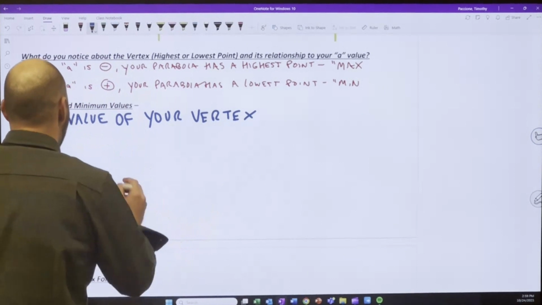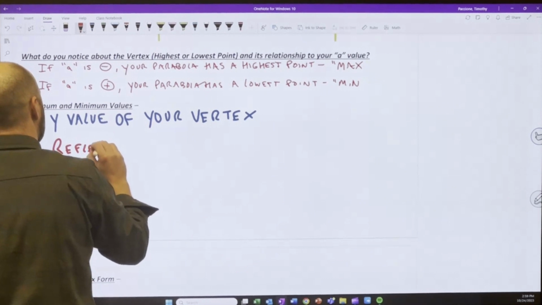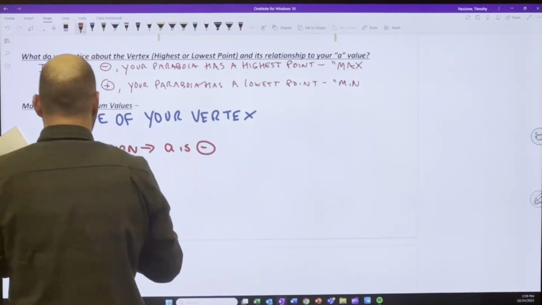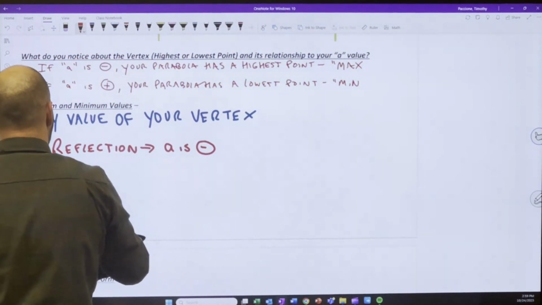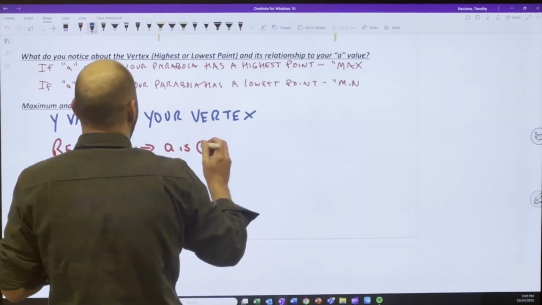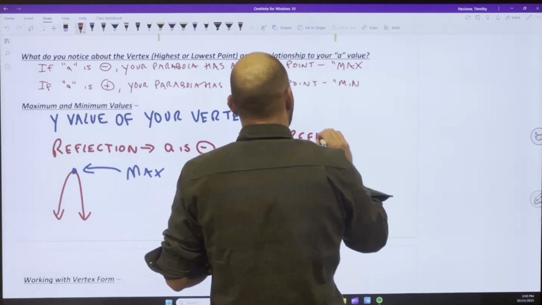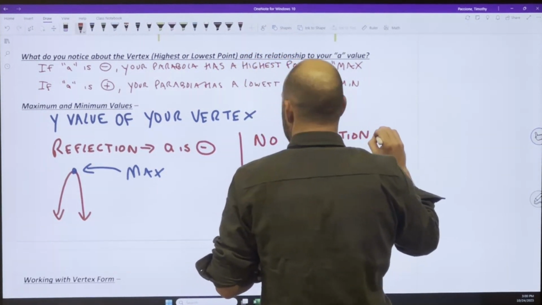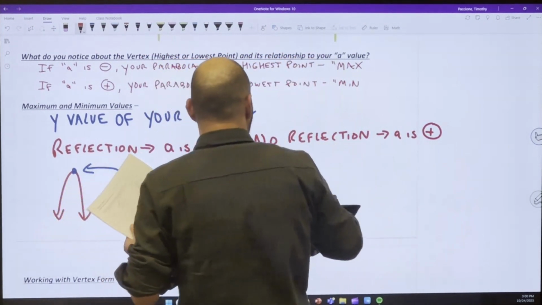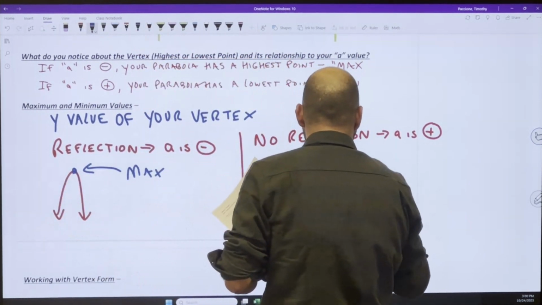Okay? You either have a reflection, meaning a is negative, and it'll look like this, which gives you a max, or no reflection, meaning a is positive, and it gives you a normal parabola, and that gives you a min.